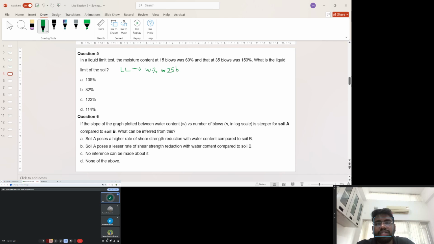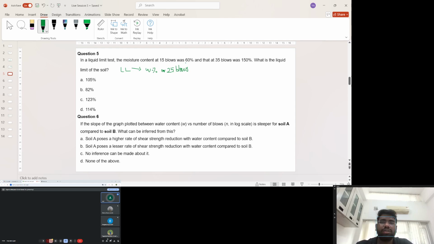That cannot be exactly attained, so we conduct trials with several moisture contents and note down the blows, and then extrapolate to get the best fit curve, and from that we calculate the water content corresponding to 25 blows.